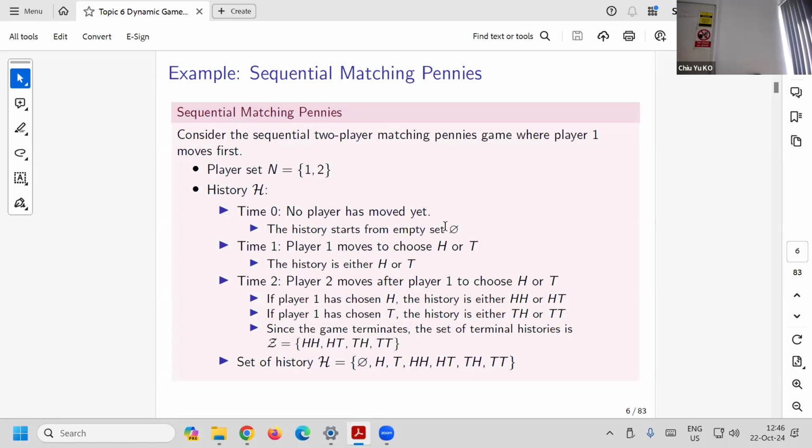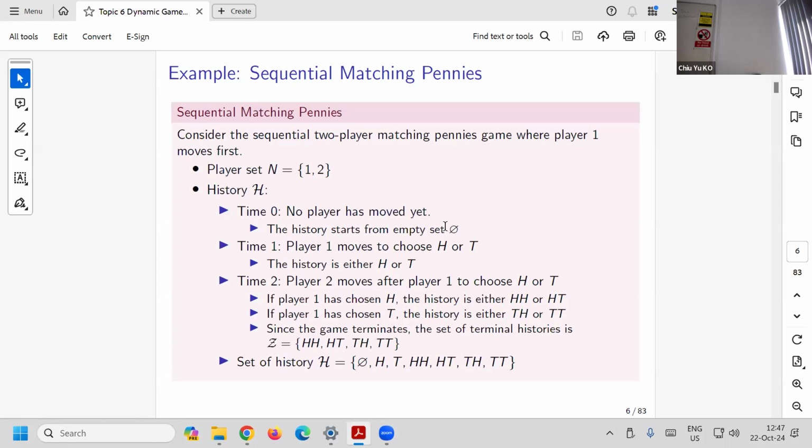And the set of strategies will include everything from the beginning. You have the empty history, which is time 0, then head or tail at time 1, and time 2. So it's a combination of all possible moves with the set of histories.